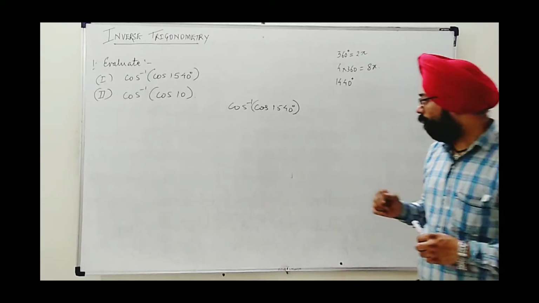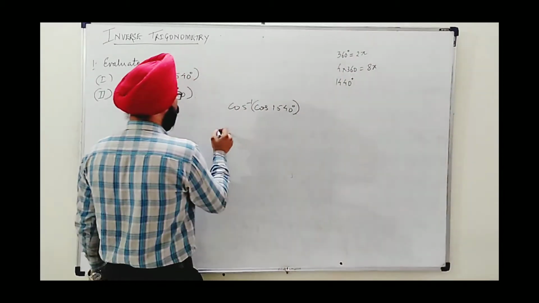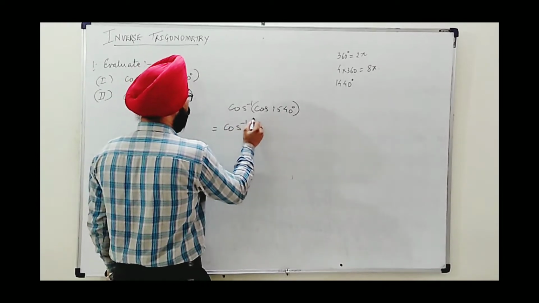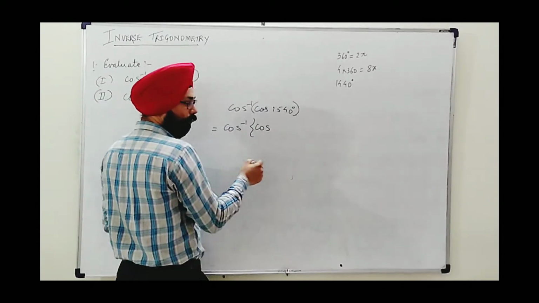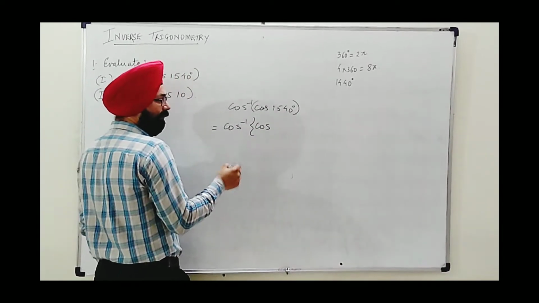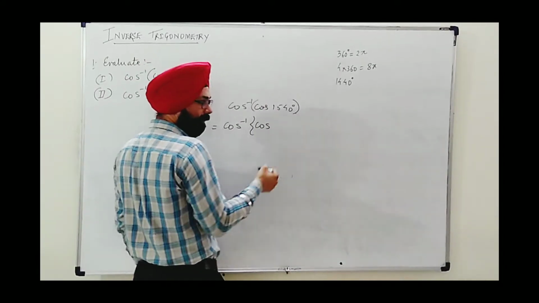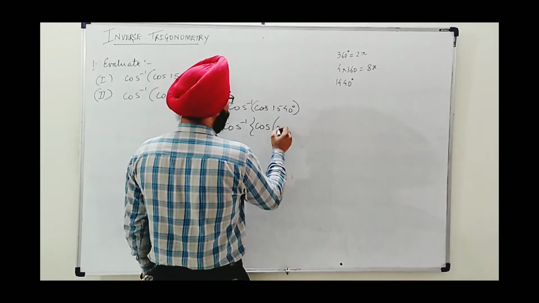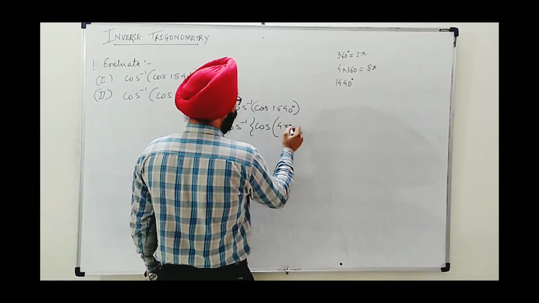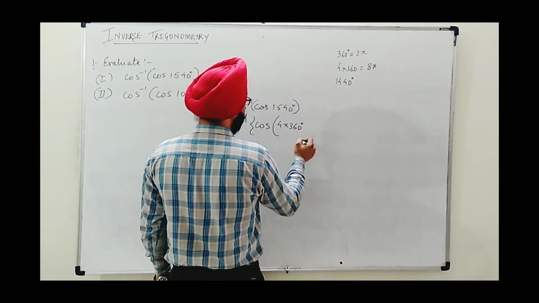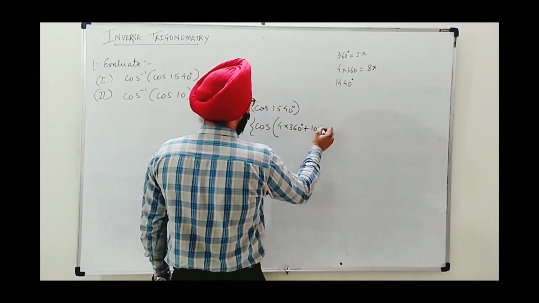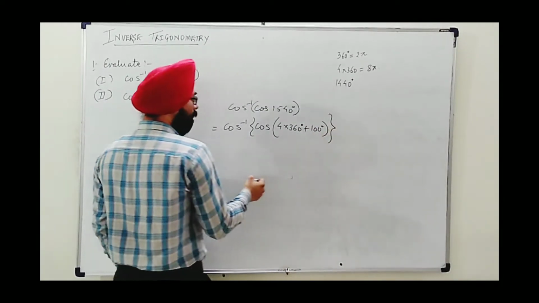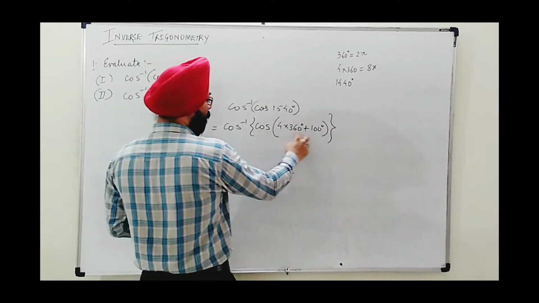What we can do is first convert this into normal form, to bring it between 0 and 360 degree, as 100 degree is in this range. So cos 1540 can be written as cos of 4 into 360 degree plus 100 degree, which can be taken as 4 pi plus theta.